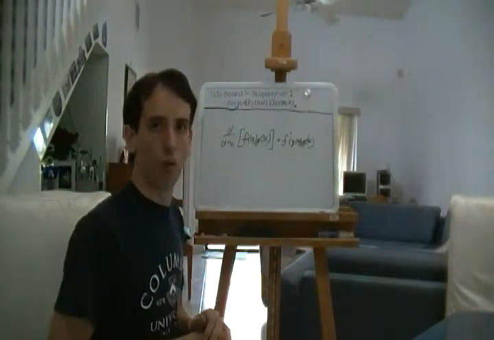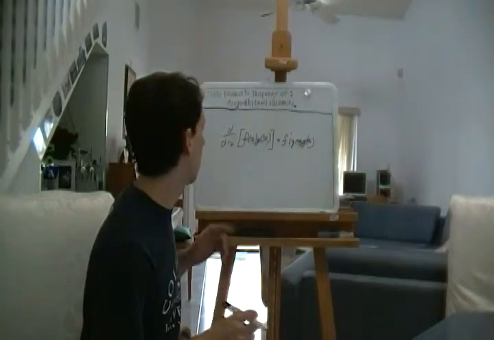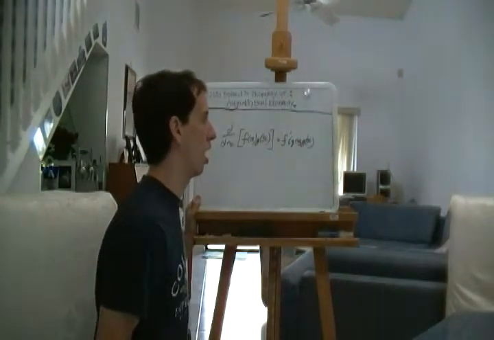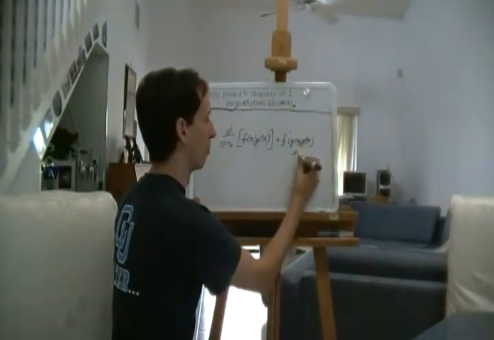Well, you'll know that that's not true. That's false. Because this right here, f prime g of x times g prime x, that's the chain rule.